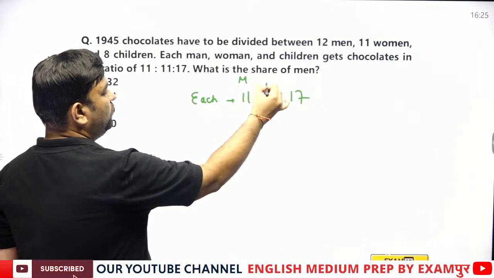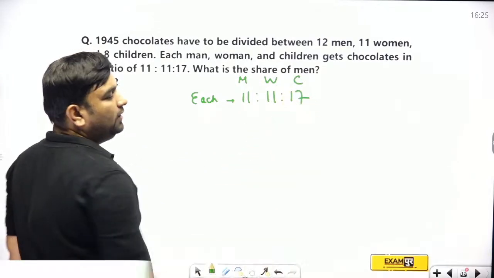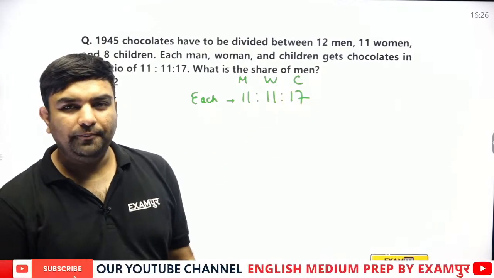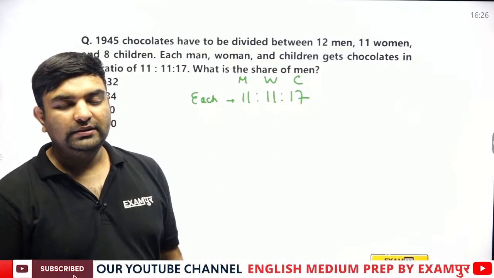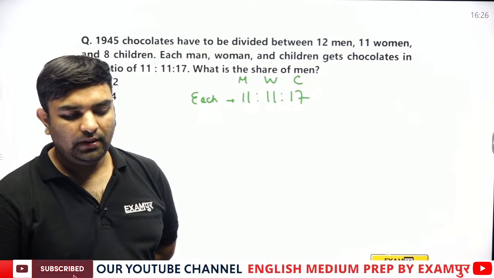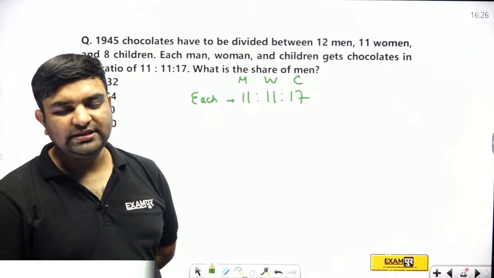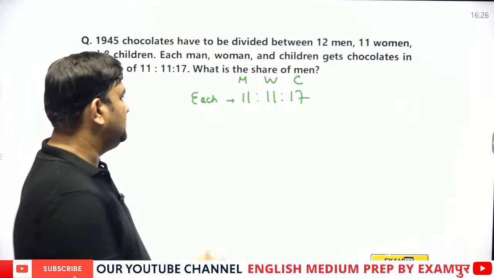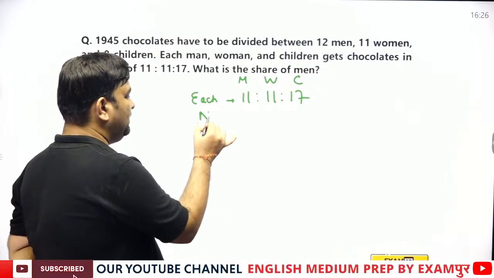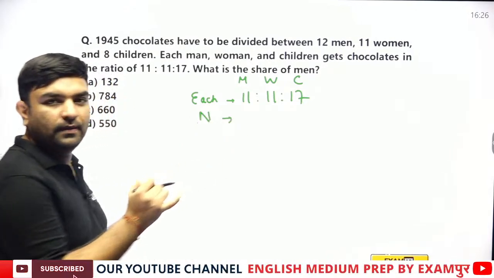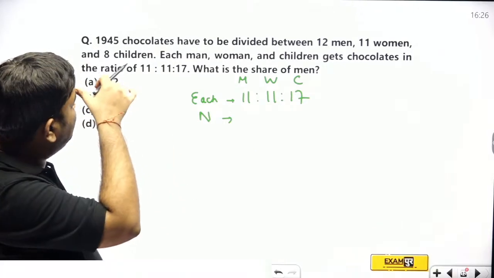But they are not alone, they are not single. They are in numbers, so we need to multiply by the number of them as well.